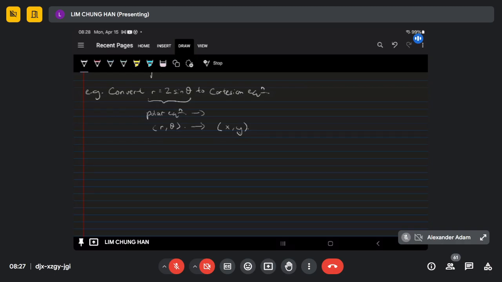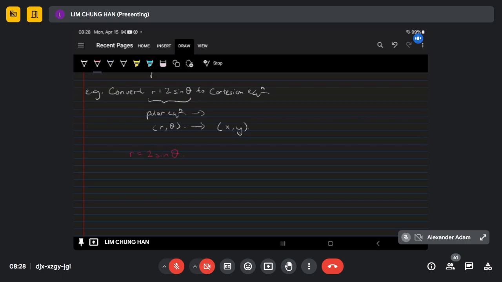So we start with this, the equation we're going to convert: r equals 2 sine theta. Basically you want to get rid of r and theta and replace them with x and y. So how? There's really not much that you can convert at the moment. But let's go back to the equations from last week.